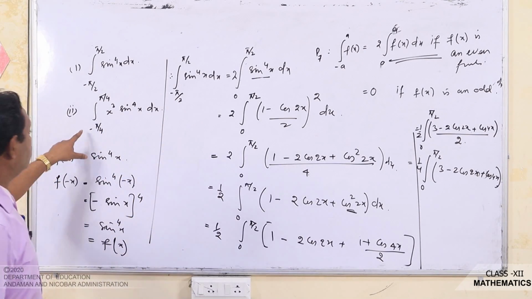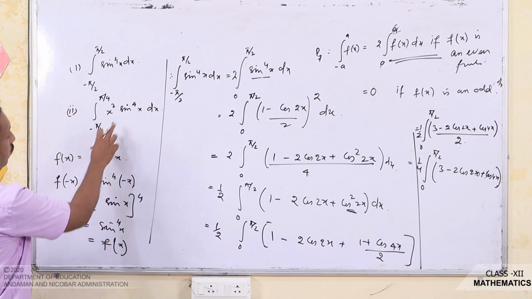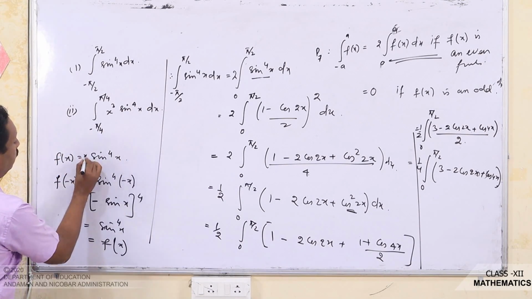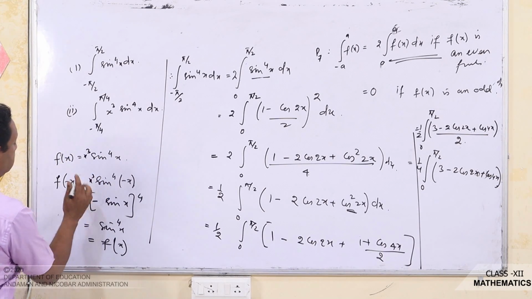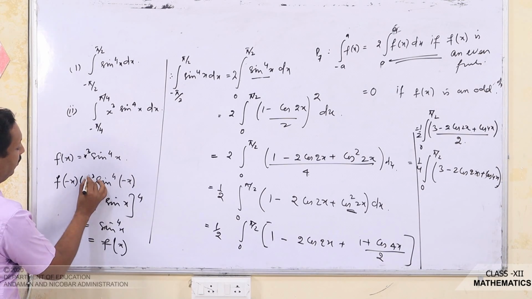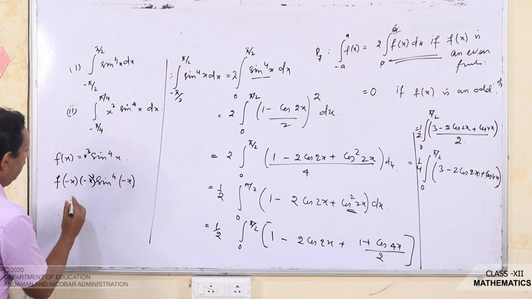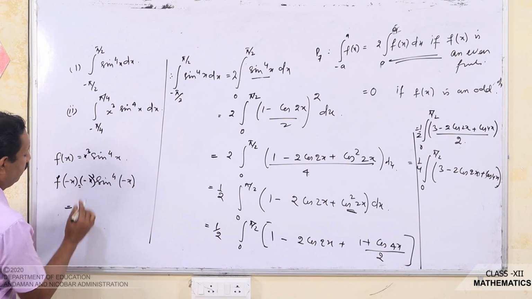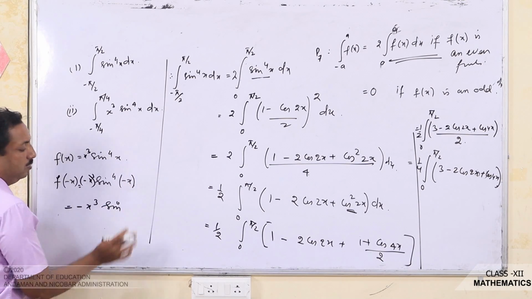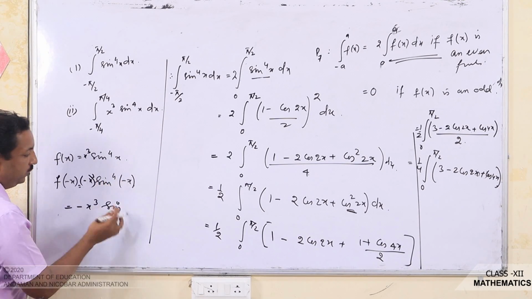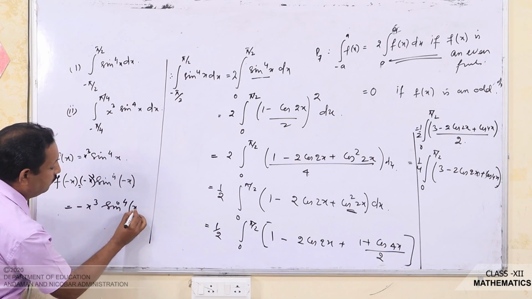Now, look at this problem. Again same thing, here f of x is equal to x cube sin power 4x. You will have x cube here also, that means I put minus x cube, and that gives minus x cube, and sin power 4 of minus x will be sin power 4 of x.